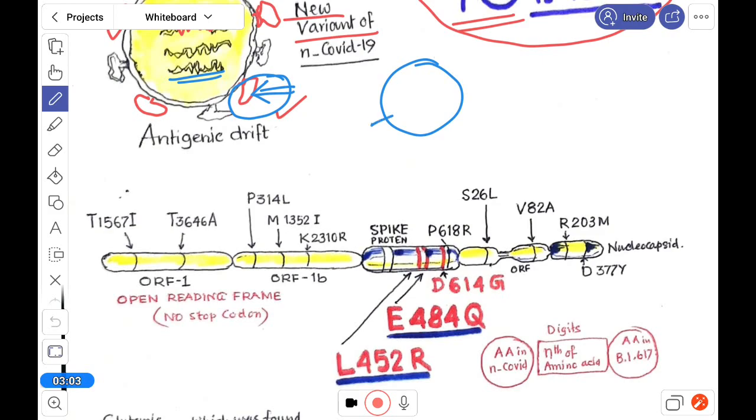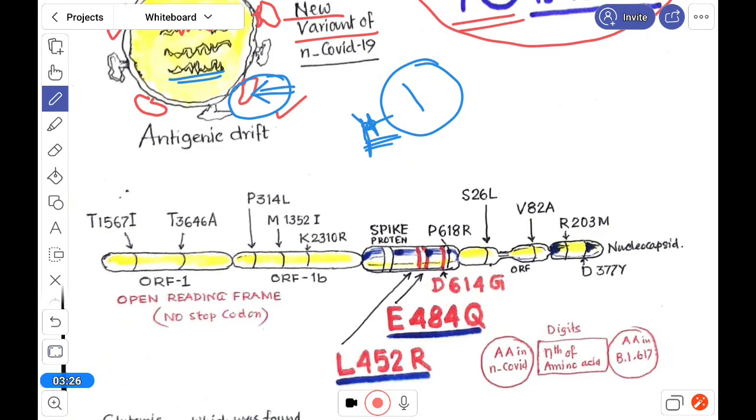This is the virus and here is the spike, and this is the attachment zone, which is called the RBD, receptor binding domain. This is the attaching point to the human body, the lungs. So this area is our interest, and the other parts are not.